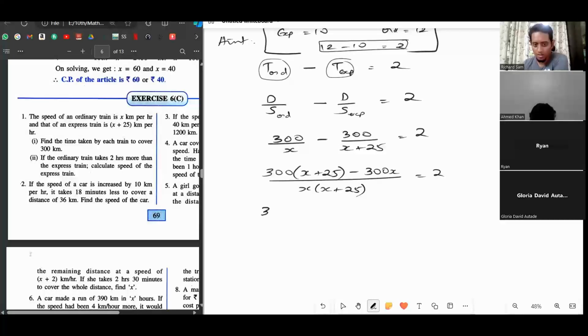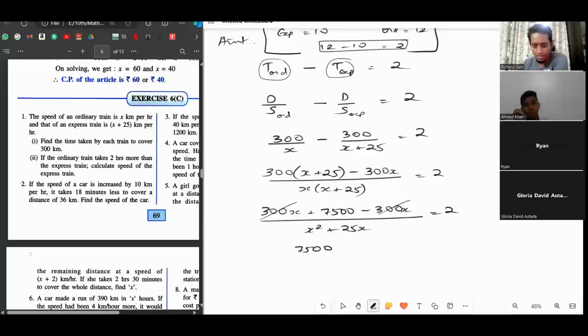Next, 300x plus 7500 minus 300x upon x square plus 25x is equal to 2. 300x minus 300x becomes 0. 7500 is equal to, cross multiply, 2 into x square plus 25x.